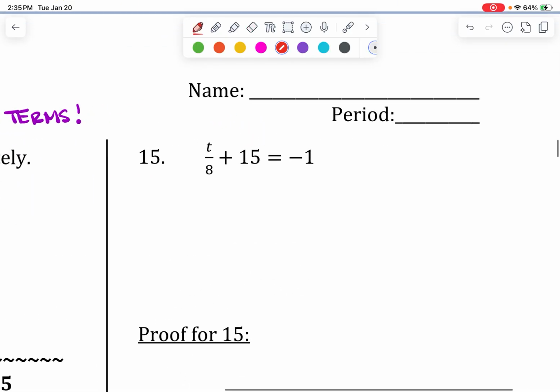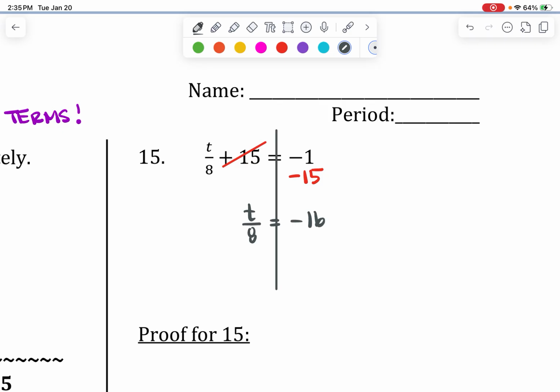All right, so on this one, again, you always move the number that's not attached to the variable first. These are attached by division. So it's the plus 15 that's not attached in this case, right? And so the first thing we're going to do, hold on, let me draw my wall. We got to get rid of that add 15. So an adder on the left becomes a subtractor on the right. So now I have t divided by 8 equals negative 16.